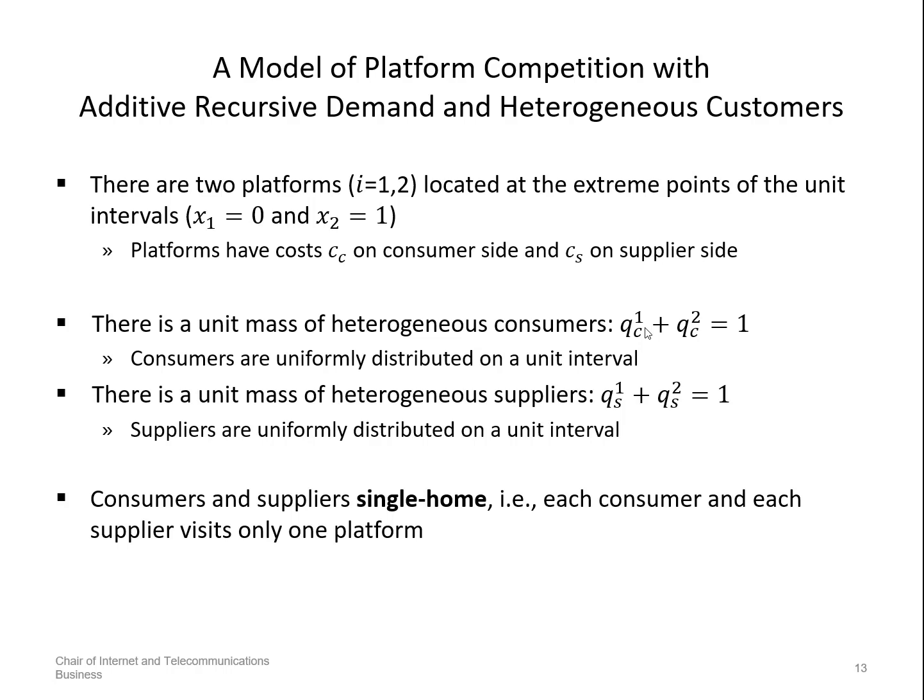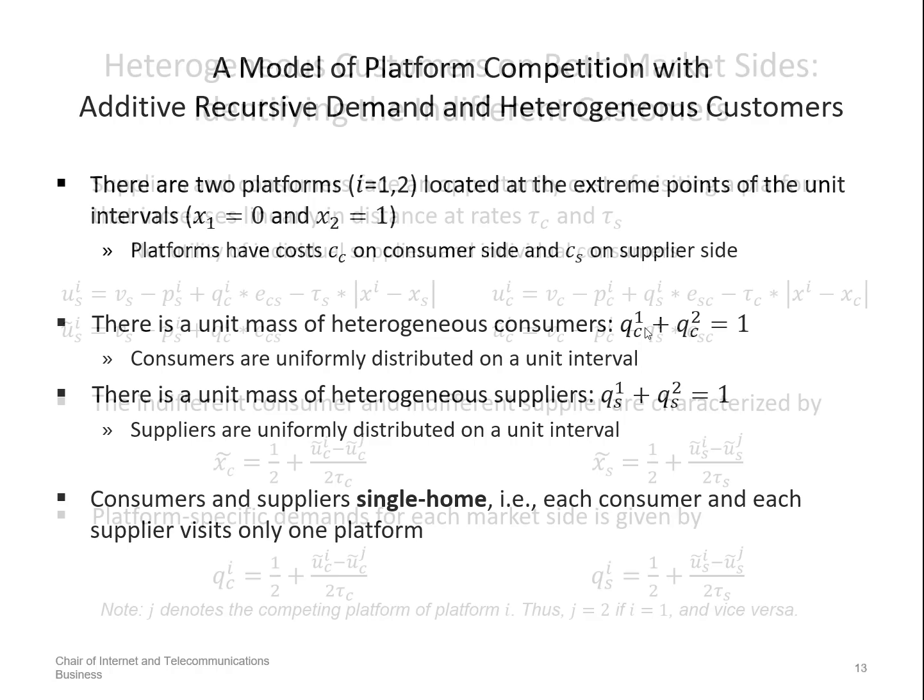There is a unit mass of heterogeneous consumers, QC1 plus QC2, where the total set of consumers is equal to 1, distributed on the unit interval. There is a unit mass of heterogeneous suppliers, who are also distributed uniformly on the unit interval. We assume that consumers single home and suppliers single home, and each consumer and each supplier visits only one platform. Basically, that's what it means.